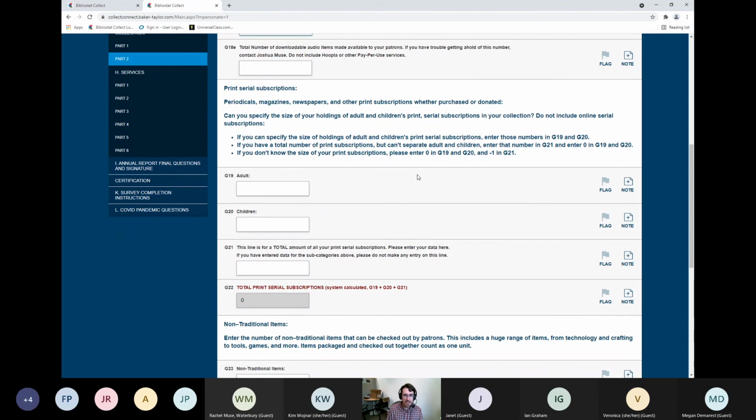Next is print serial subscriptions, which is magazines or newspapers. In a lot of cases, I bet this number has gone down dramatically during COVID. In a lot of libraries it has, but in some places maybe not. So we want to know how many magazines or newspapers you subscribe to, not how many issues you have. Say I have 3 newspapers and 5 magazines.